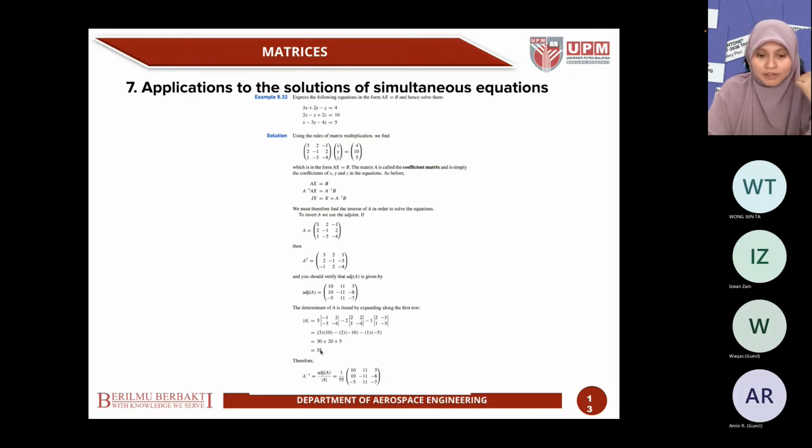So we get the determinant of A as 55. So the inverse of the matrix is the adjoint matrix divided by the determinant, 55.